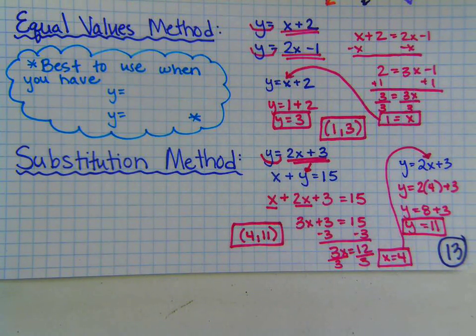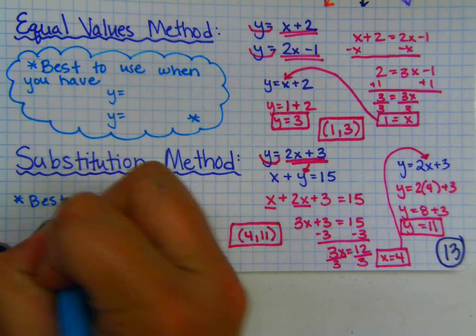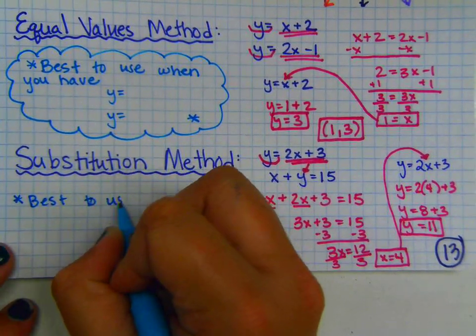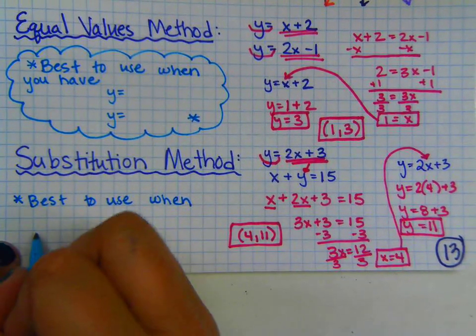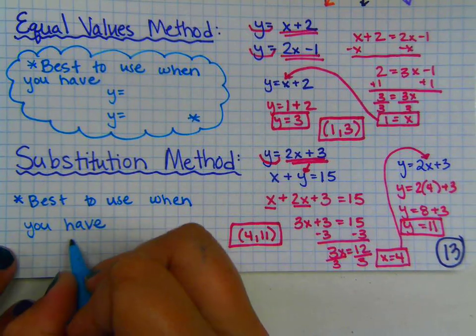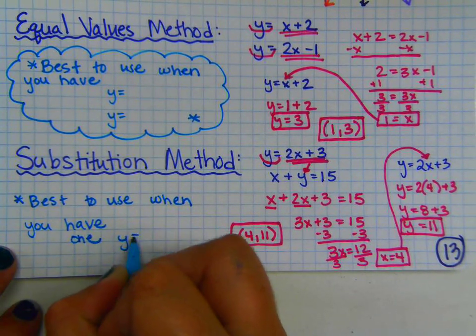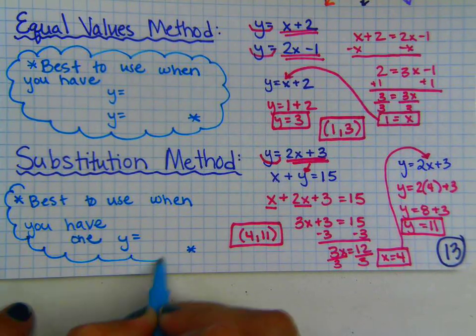So again, I'm going to write the best time to use this: when you have one y equals, and then you have another something else.